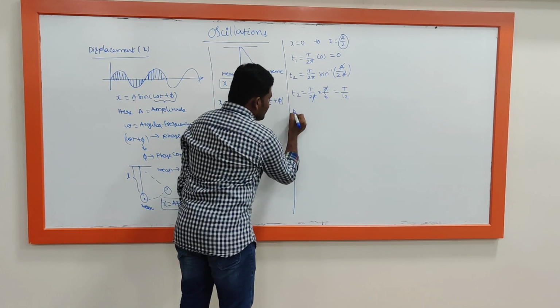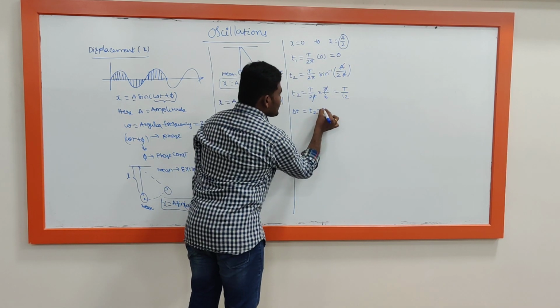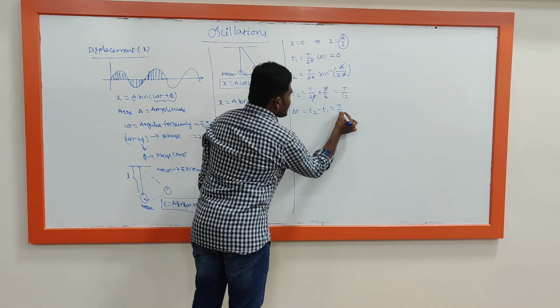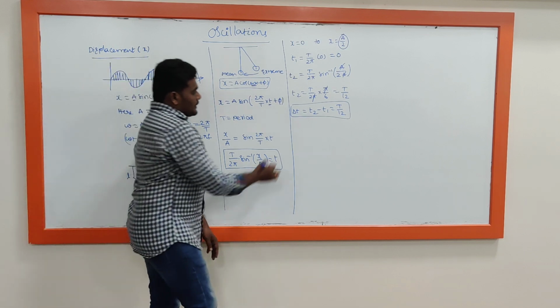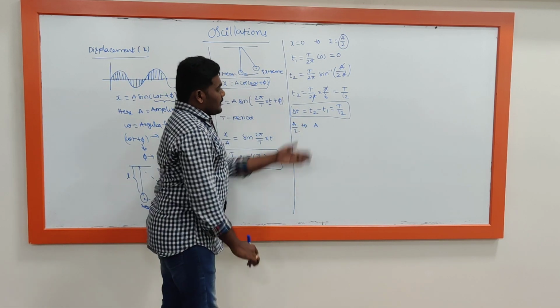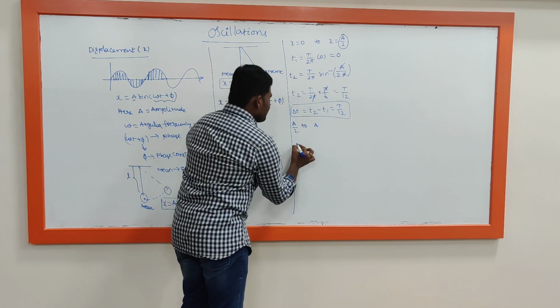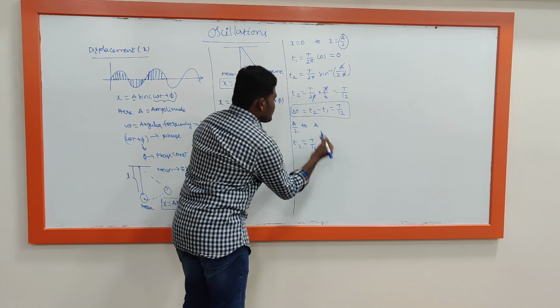So the time taken for a particle to move from x equal to 0 to x equal to a by 2 is T by 12. Like that you can find out for a by 2 to a also. Same way I am taking here a by 2 to a. So t1 equal to T by 12.